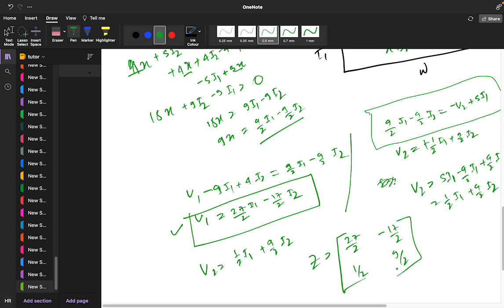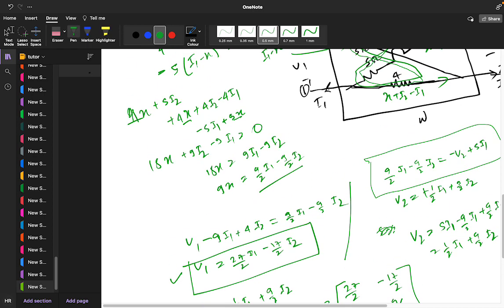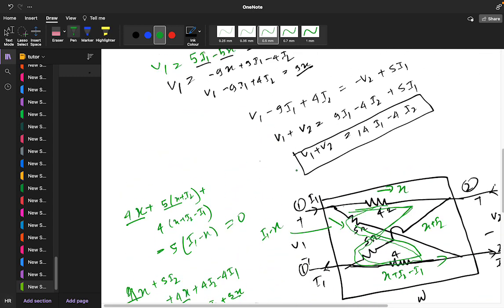It seems very simple, but it's not very simple, right? Actually we committed some mistake while solving this. Wait, let me check, I think we'll get 1 by 2 here. Where did we commit mistakes? Let me see.